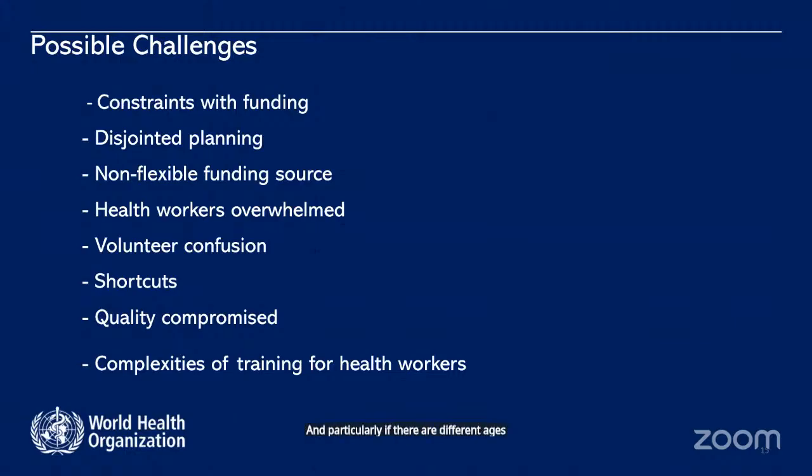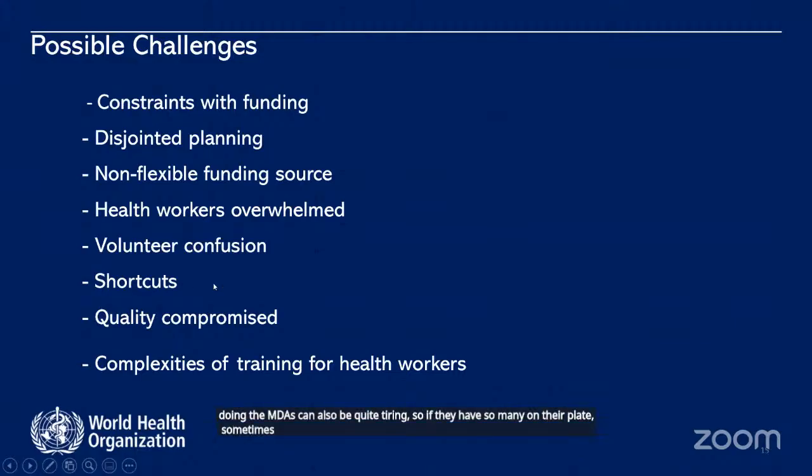And then sometimes the volunteer can be overworked, not the confusion, but moving from house to house doing the NTDs can also be quite tiring. So if they have so many on their plate, sometimes they tend to take some shortcuts. And with that, quality can be compromised.